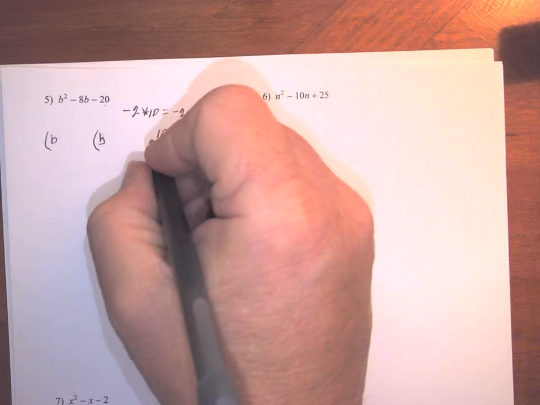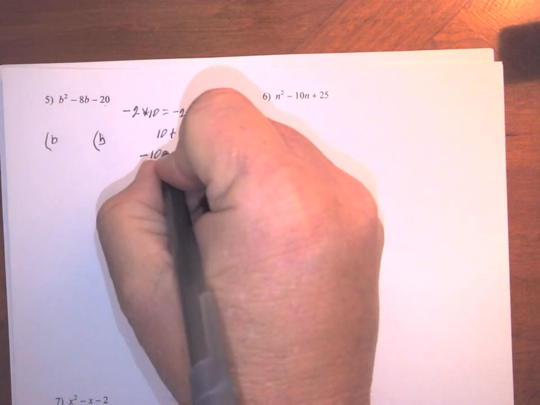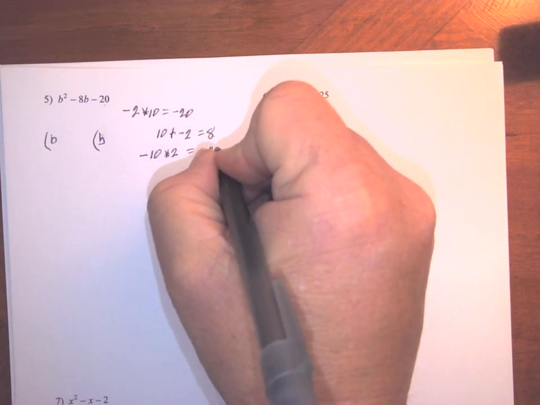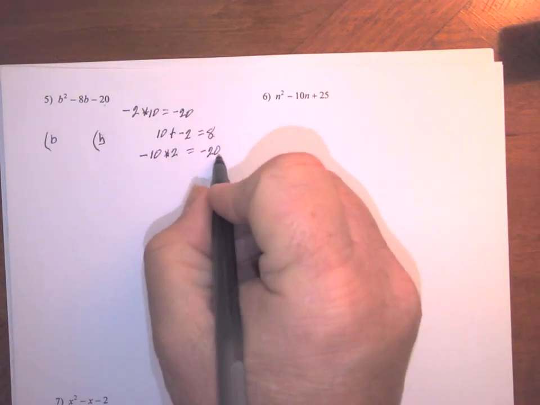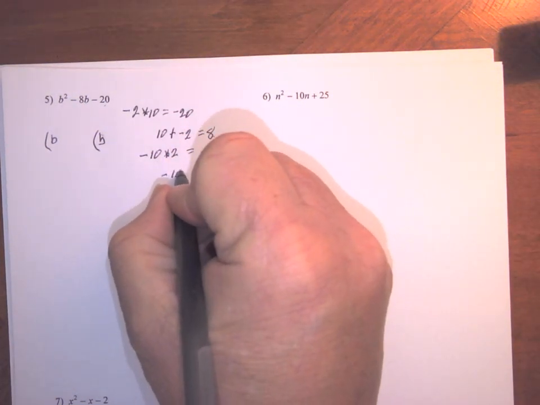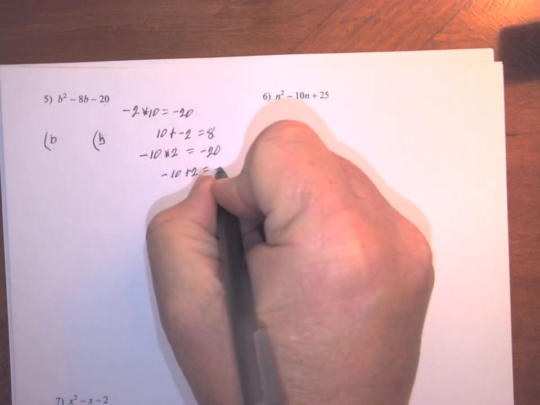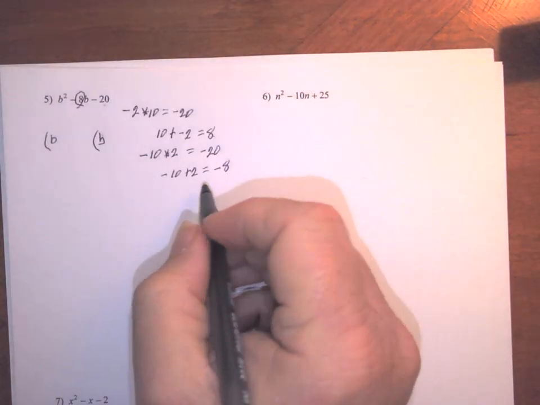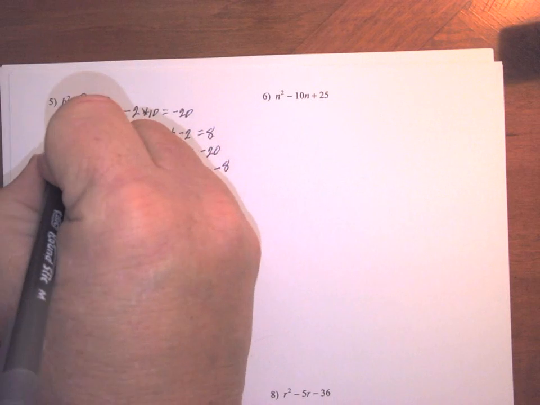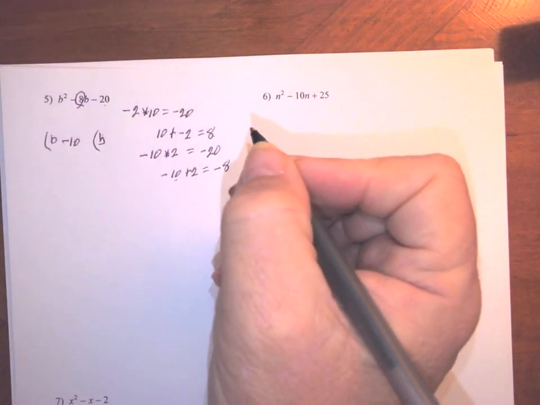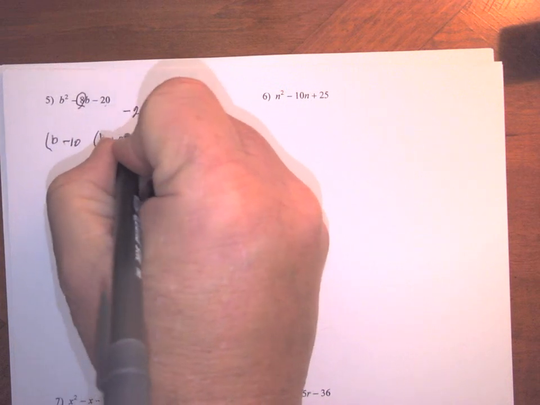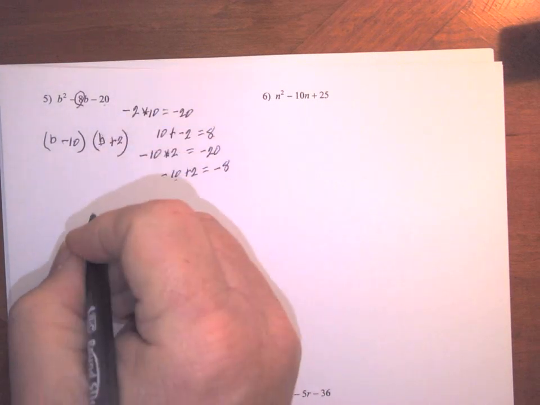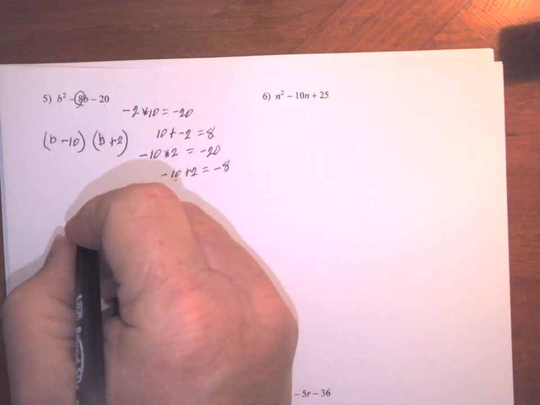Well, we also know that negative 10 times 2 is equal to negative 20, and if we take negative 10 plus 2, we get negative 8, which is the coefficient we have here. So what we know is that one of the factors is b minus 10, and the other factor is b plus 2.